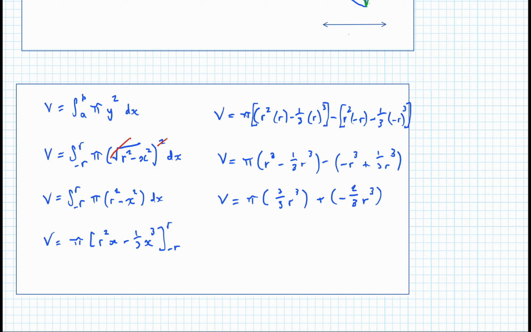Actually, just a minus, not a plus there. Of course, that was a minus there. If you just put that all together, this last step, you'll end up with pi, and 2/3 r cubed plus 2/3 r cubed is 4/3 r cubed.